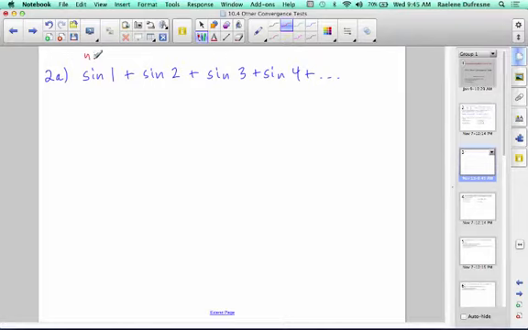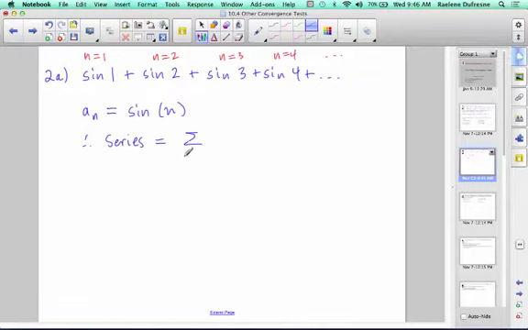We could start at lots of different integer values, but it's very practical to start at n equals 1, then n equals 2, then n equals 3, etc. And from that we can see that the expression an is going to be sine of n, and therefore the series is equal to the sum from n equals 1 to infinity of the an term or expression sine n.